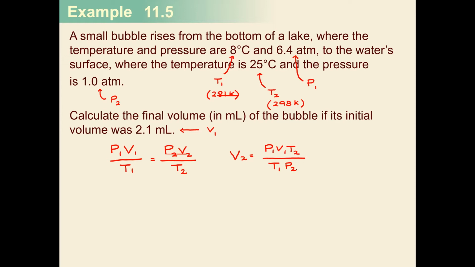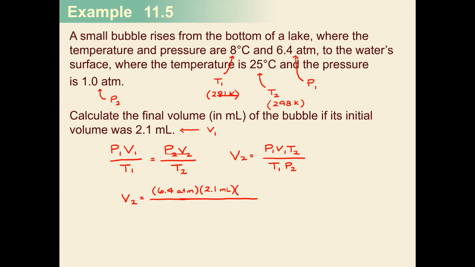So let us go and put those values in. Our V2 is equal to, our pressure 1 is going to be our 6.4 atmospheres. Then for our V1, as you can see in this problem, we are able to leave it in milliliters because it is going to be the only unit left standing.